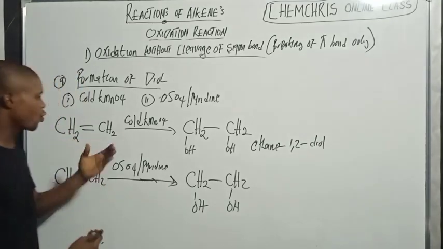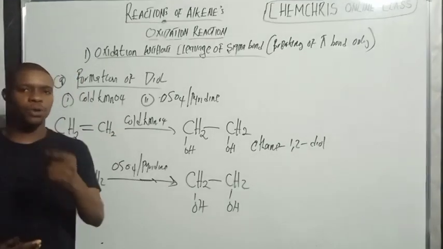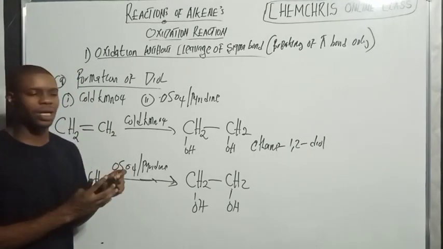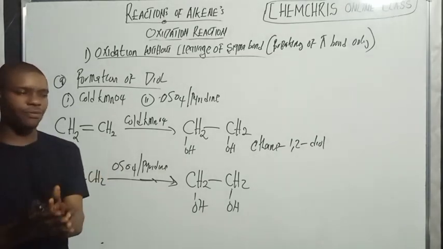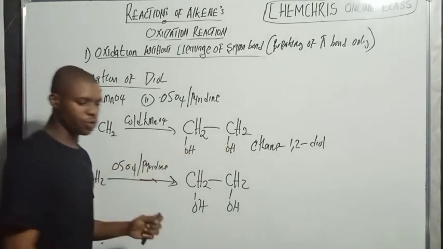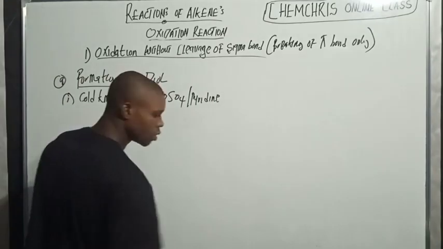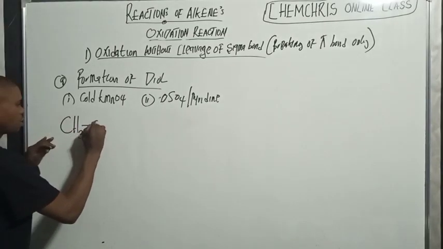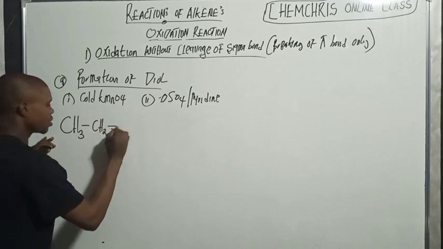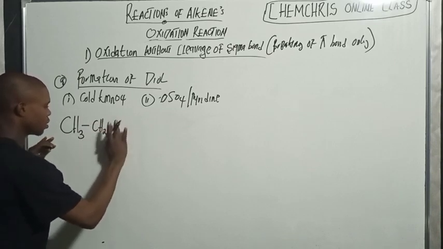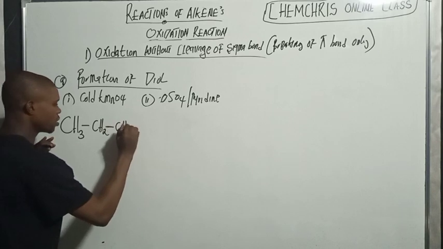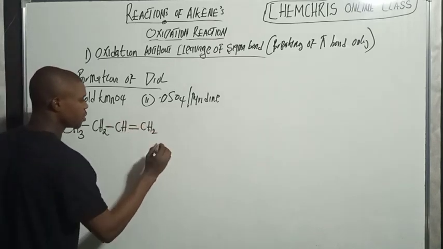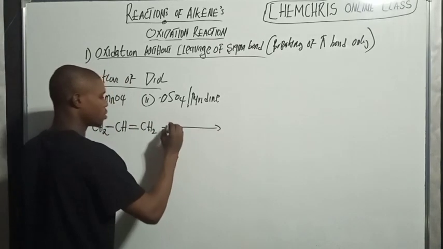So what will be the product of a reaction where alkene undergoes oxidation with cold KMnO4? It is a diol. So if for example you have CH3, CH2, CH, CH2.